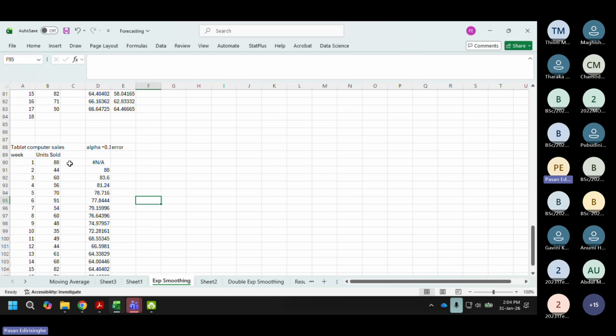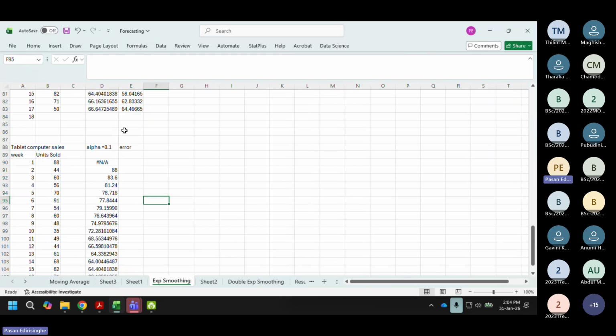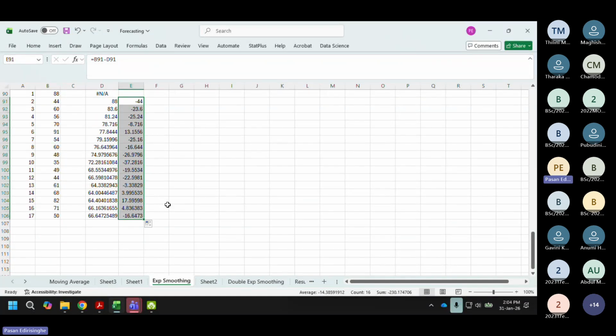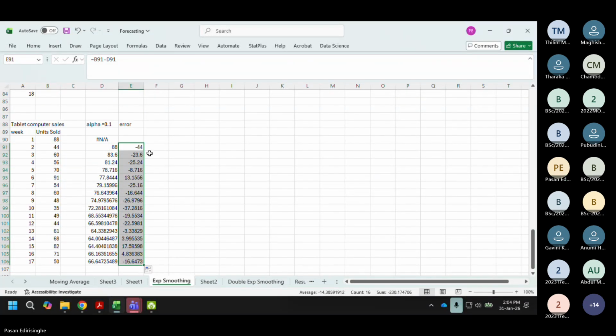So let's calculate the error here. So those are the error measurements. Please give me a second.